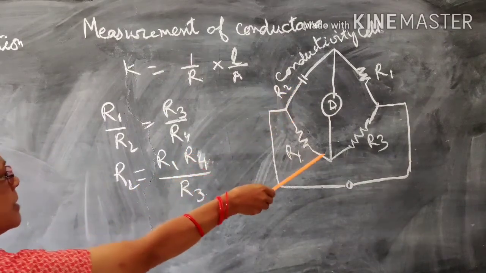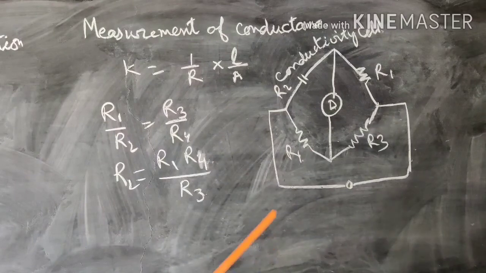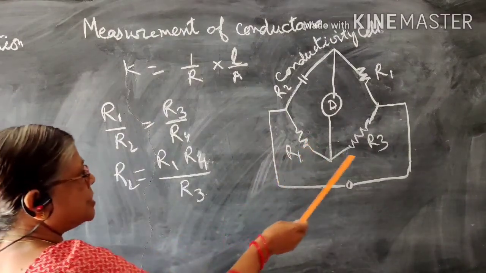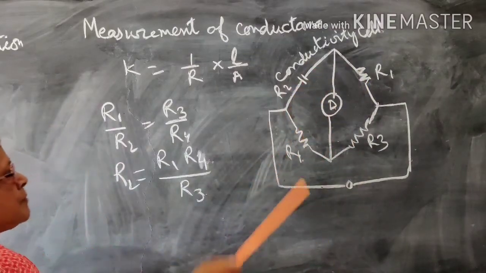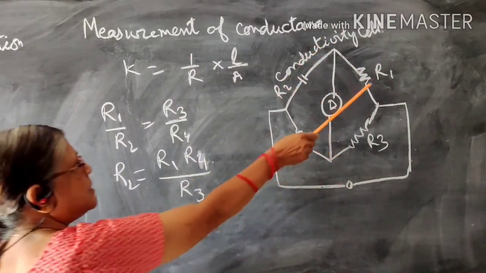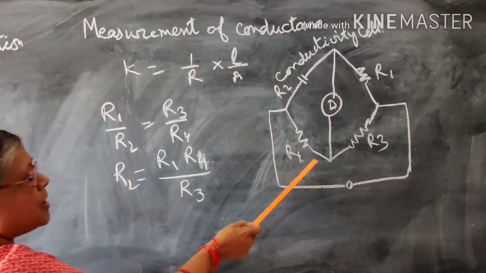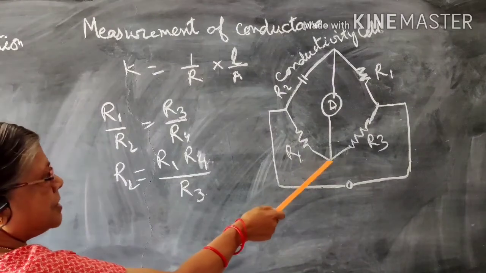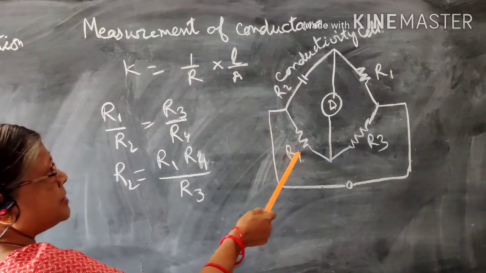Now this is the diagram for the Wheatstone bridge, and in this Wheatstone bridge there are four resistances: R3, R4, R1 and R2. At R2 I put the conductivity cell. R1 is the variable resistance, and R3 and R4 are fixed resistances. They are definite, so these two are constant resistances.